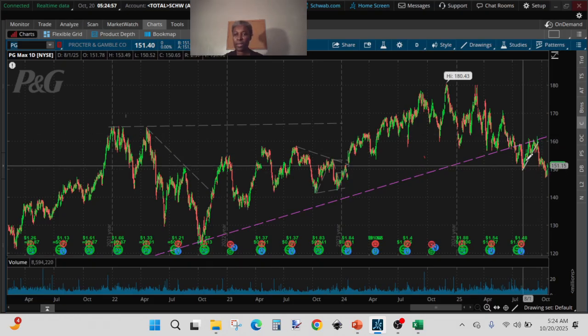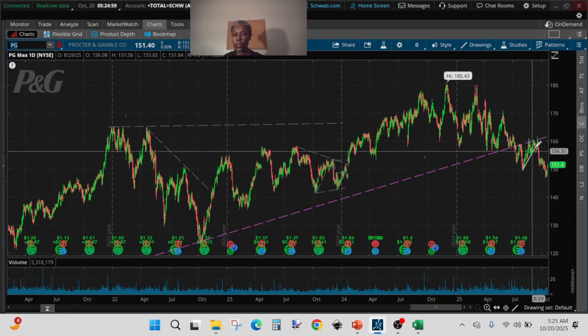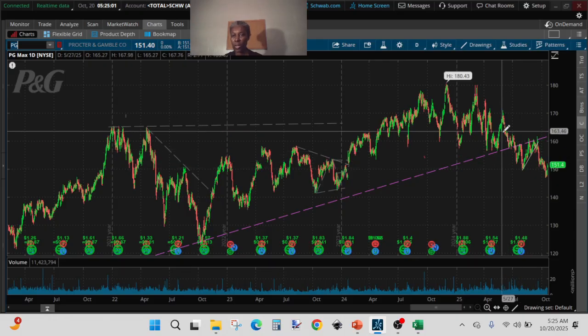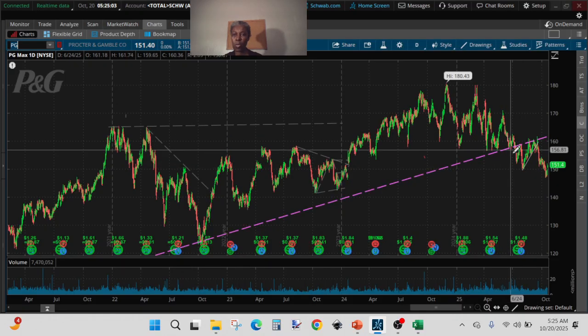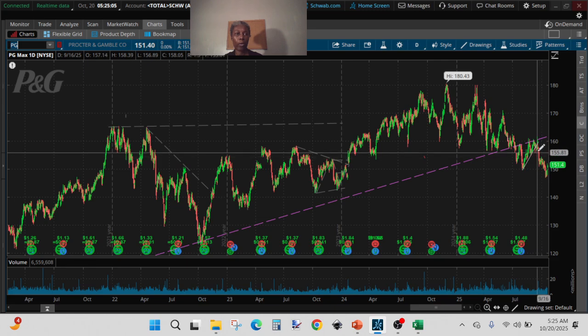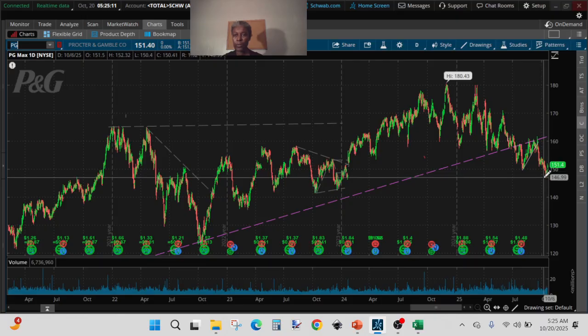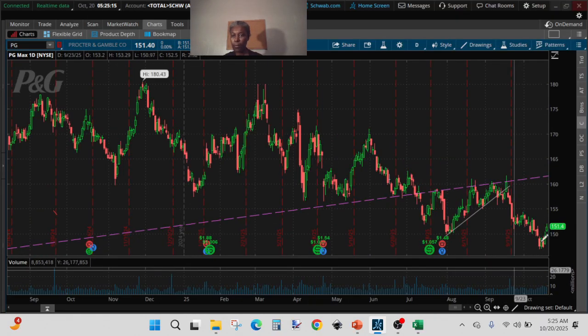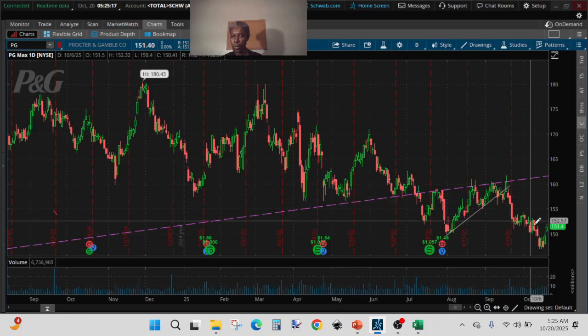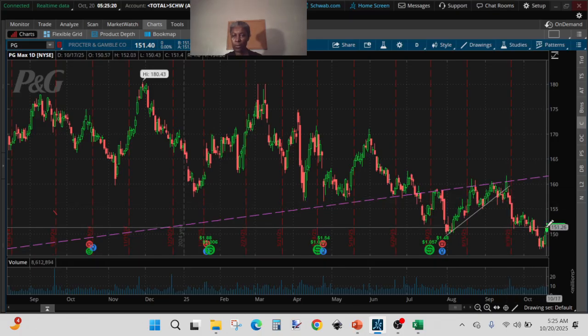We traced this support line here because we saw that it went down, making lower lows, and then it started making higher lows. So it changed direction here, then changed direction again, and then changed again. And as you can see, it pulled back and then started going up there.